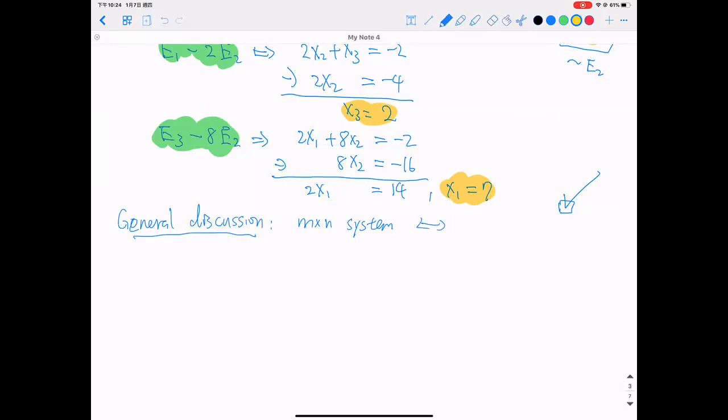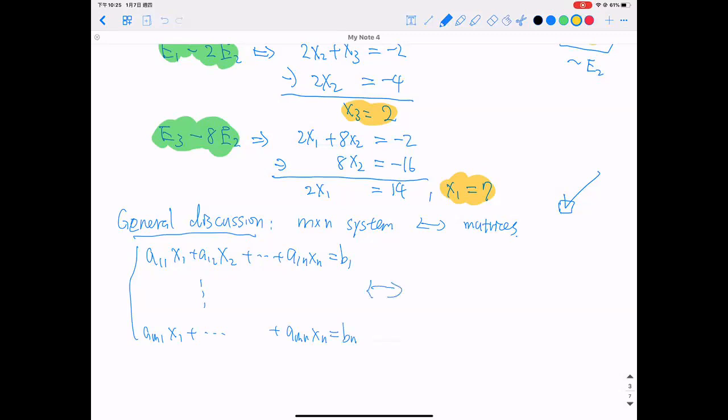Let's put it this way. The n by n system that we had, a1n xn equaling b1 and so on, am1 x1 plus amn xn equaling bn. This corresponds to the two matrices that you get out of this.